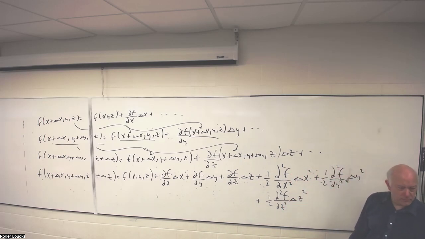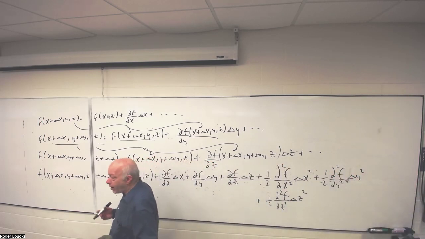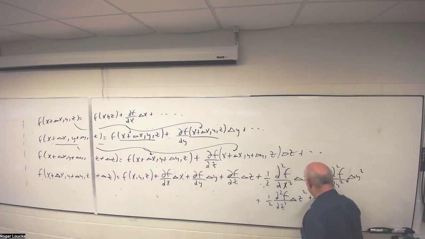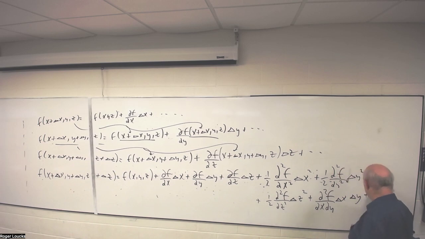Then what else do we have? There's x, y, y, z, all the mixed terms. So then we would have a term like this. This. To them appear at once. We're going to have to look at that, won't we?